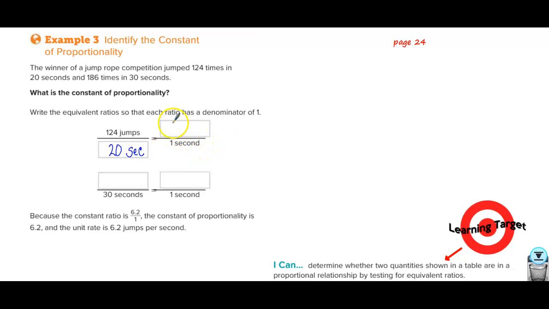When you do 124 divided by 20, you get 6.2. Here we had 186 jumps in 30 seconds. 186 divided by 30 is also 6.2. So the constant of proportionality is 6.2. That's the number you multiply with. No matter how many seconds, you multiply it times 6.2 and you get the number of jumps.